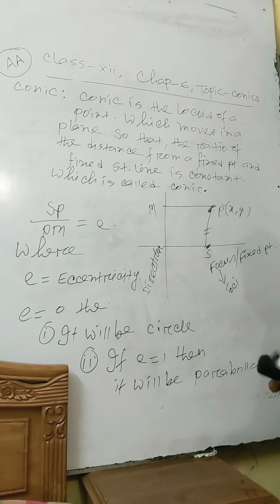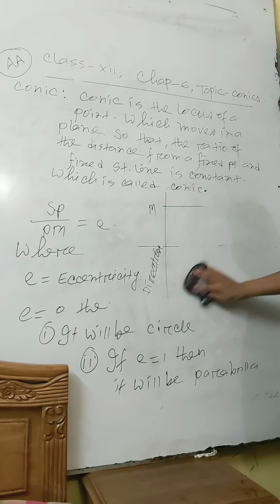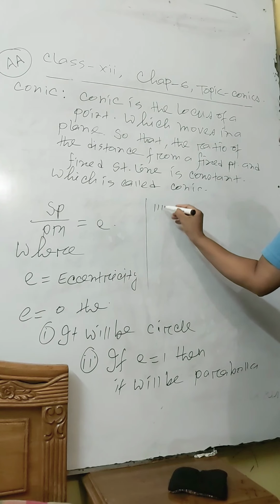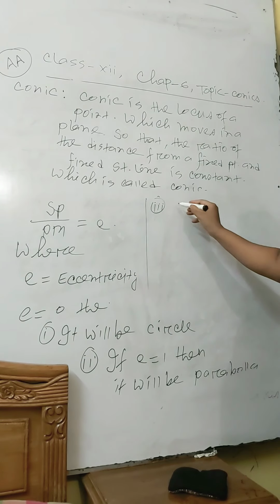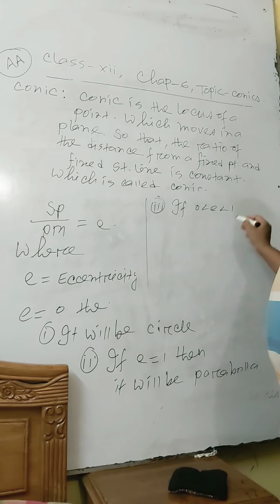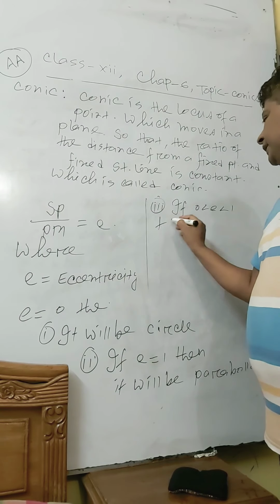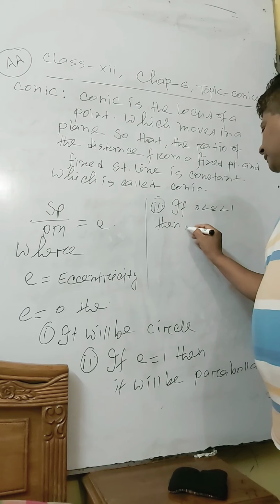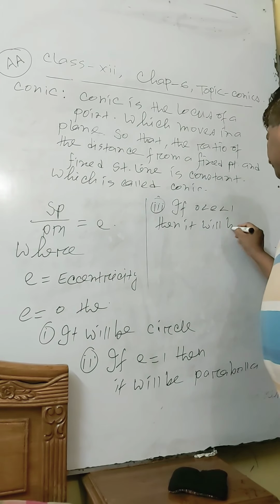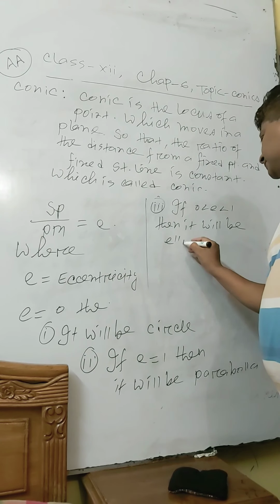Number 3, if 0 less than e less than 1, then it will be an ellipse.